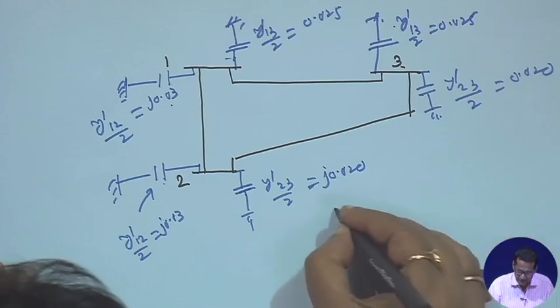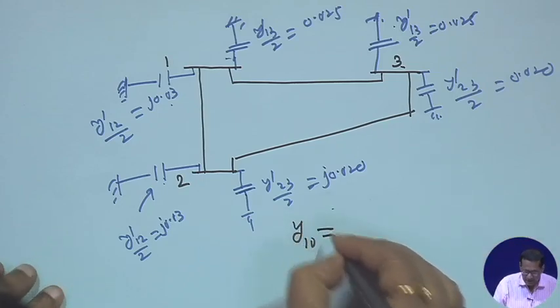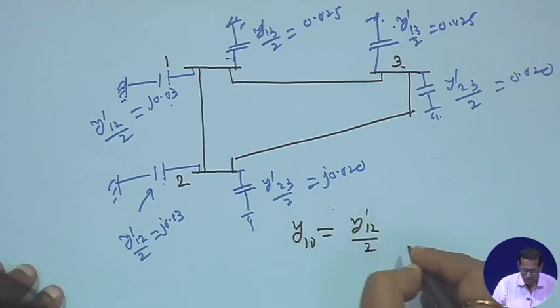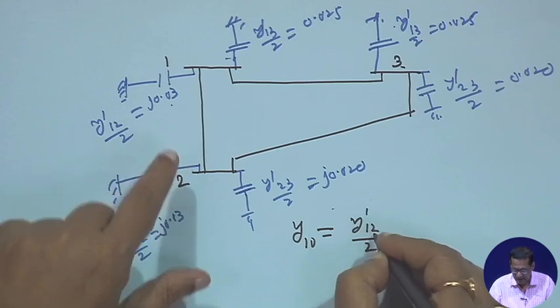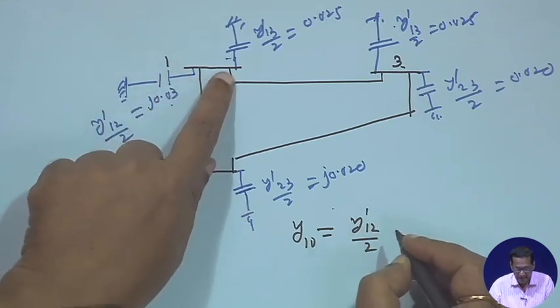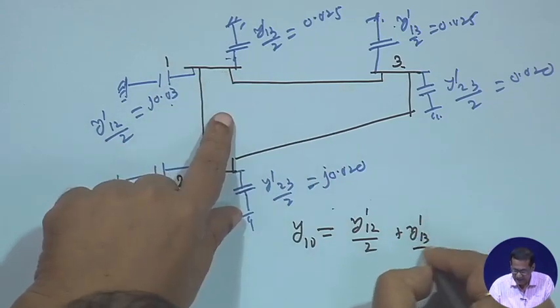So that means this y10, this notation we write, it is y dash 12 by 2, that means this side is half, and for this line y dash 13 by 2.